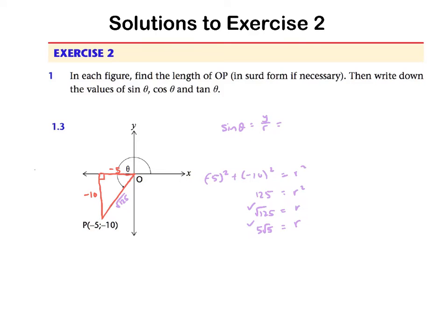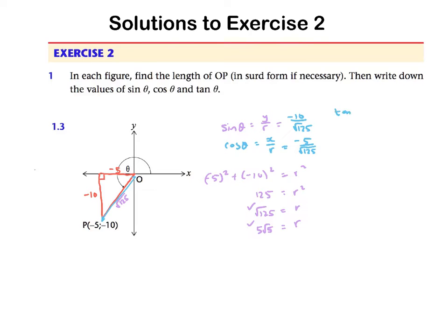So sine theta is equal to y over r. Therefore that is equal to negative 10 over the root of 125. I'm just stressing again that the radius, the hypotenuse, will always be positive. Okay. And then cos theta is equal to x over r, and that is equal to negative 5 over the root of 125.